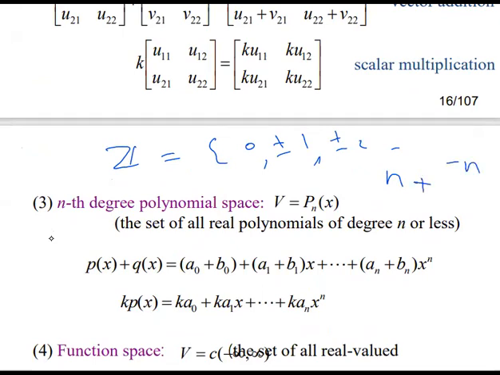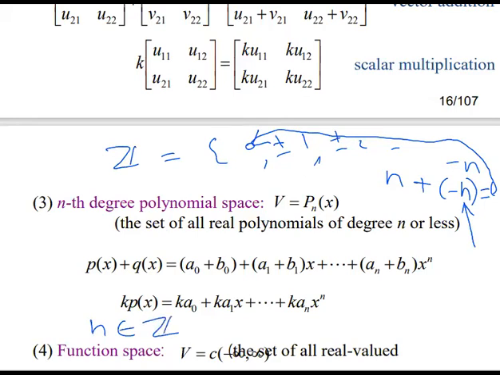When you add these two numbers up, what do you get? You get the additive identity 0.